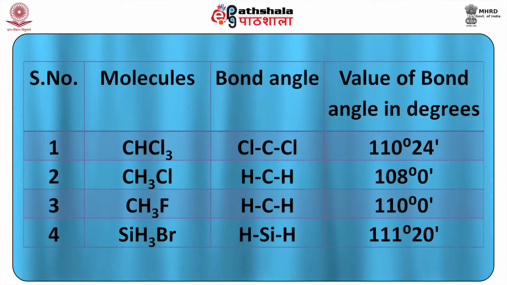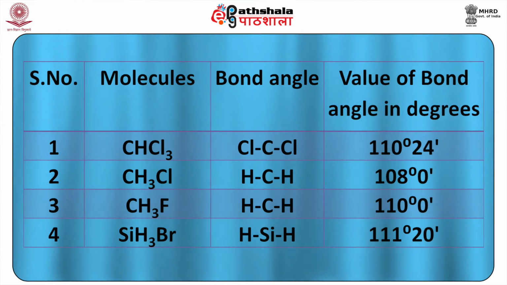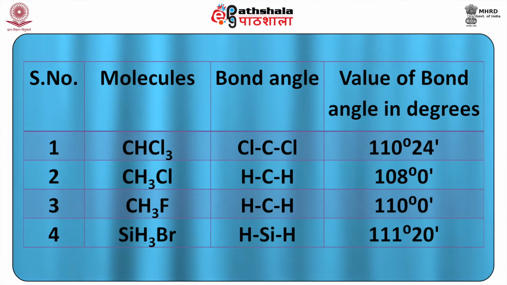Data obtained for bond lengths and bond angles calculated for linear molecules and symmetrical top molecules by microwave spectroscopy are given in tables 1 and 2. The second table shows the bond angles for some molecules. The molecule given is CHCl3.